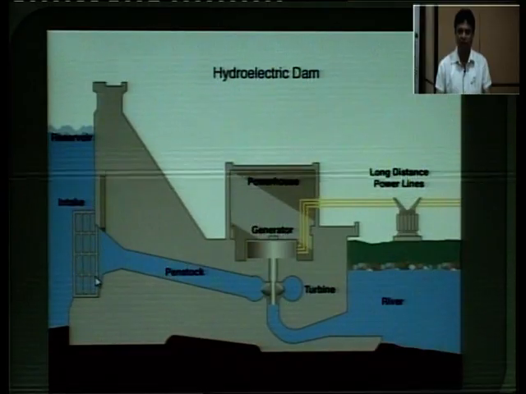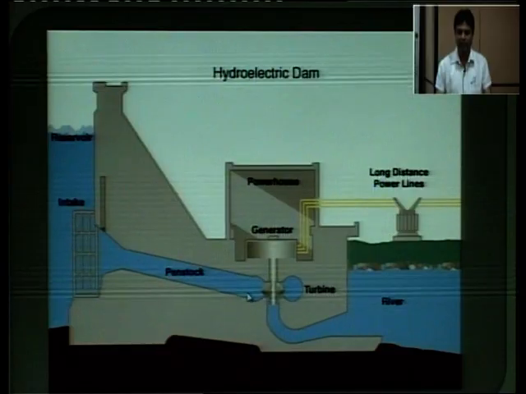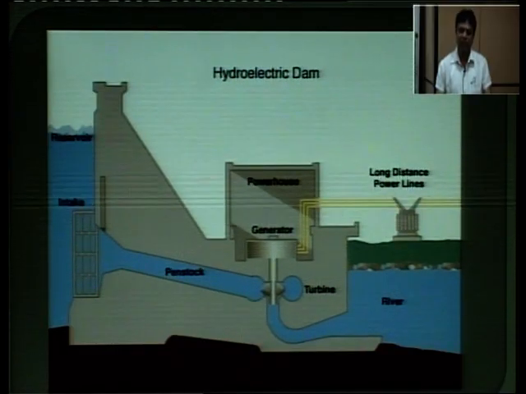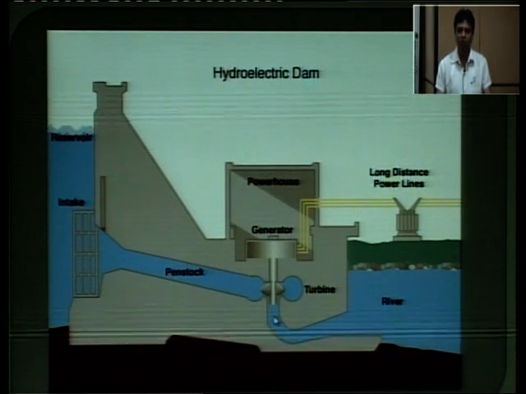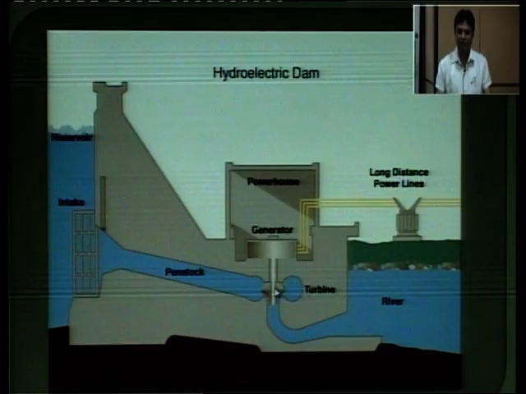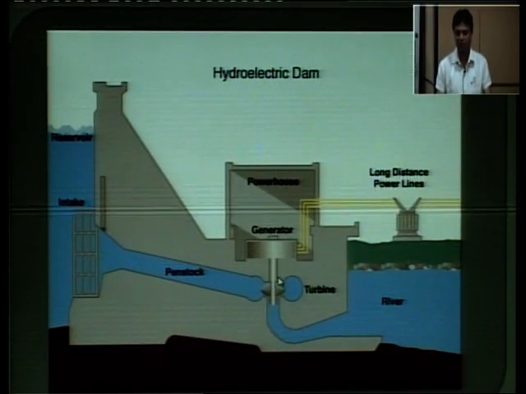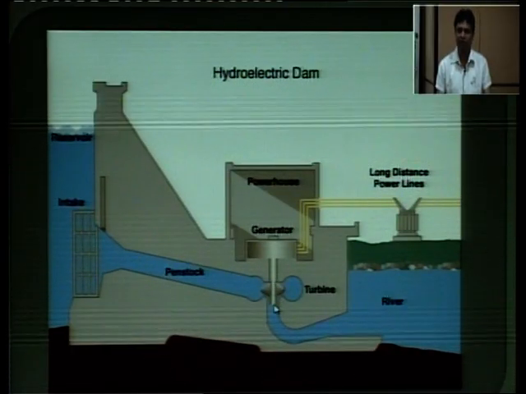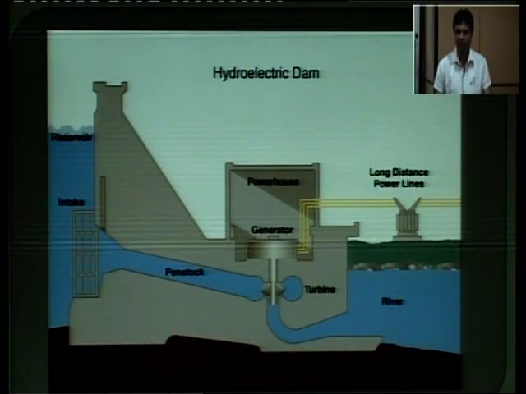The water moves through the penstock, and the penstock is connected with the blades of a turbine. The blades are attached to the shaft of this turbine, the shaft of the generator. This way mechanical energy is converted into electrical energy.